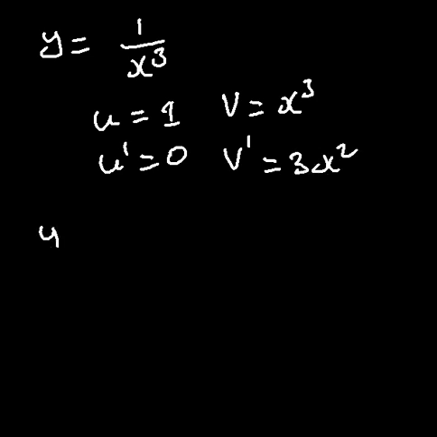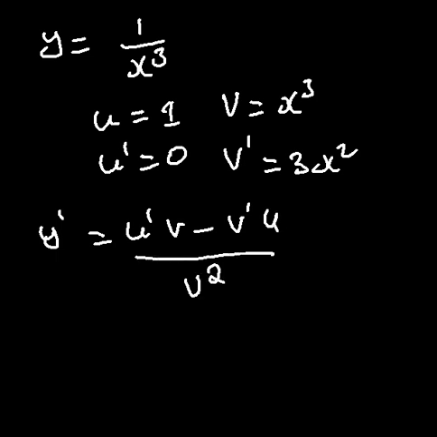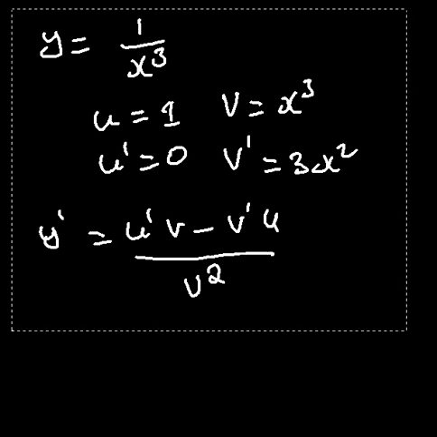What is the formula for the quotient rule? We have u prime v minus v prime u, divided by v squared. Try to substitute that and see the solution, but it should be the same.